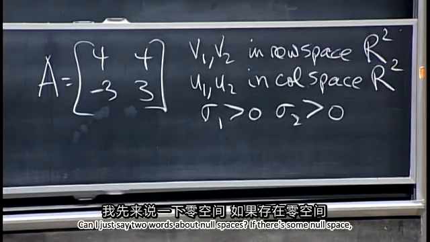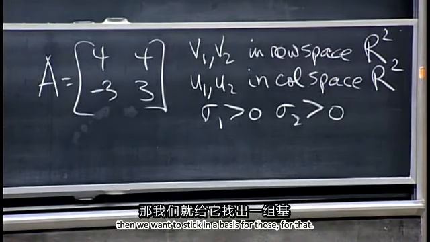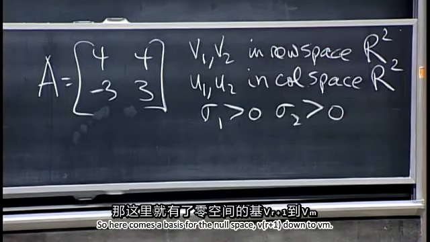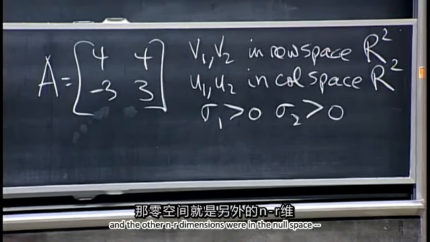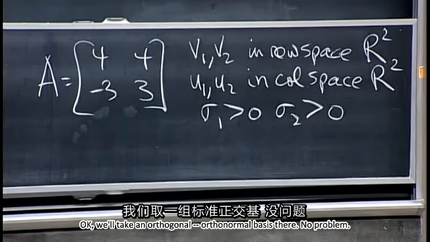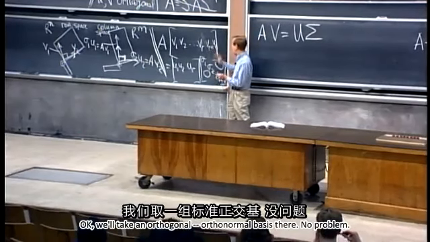Can I just say 2 words about null spaces? If there's some null space, then we want to stick in a basis for that. So here comes a basis for the null space, V R plus 1 down to Vn. So if we only had an R-dimensional row space and the other n minus R dimensions were in the null space, we'll take an orthonormal basis there, no problem.